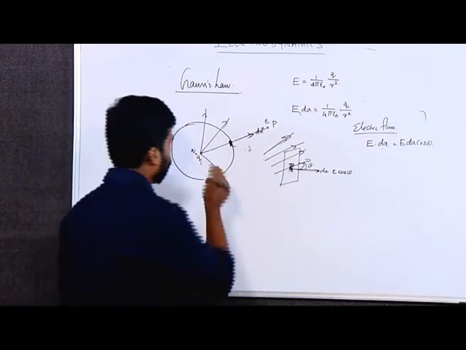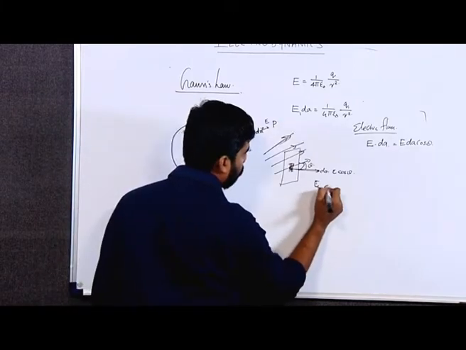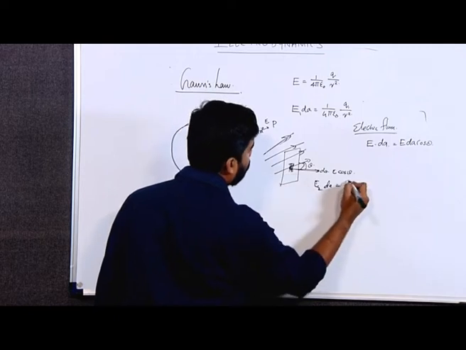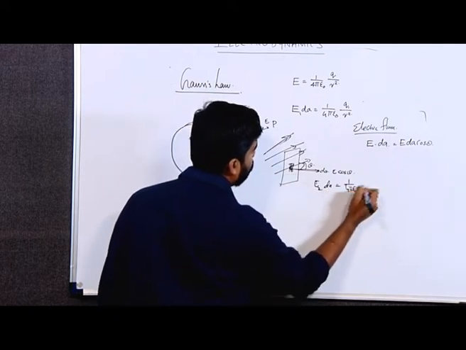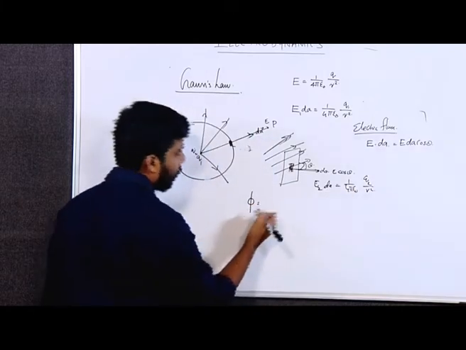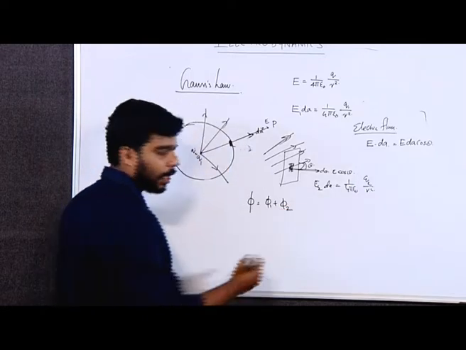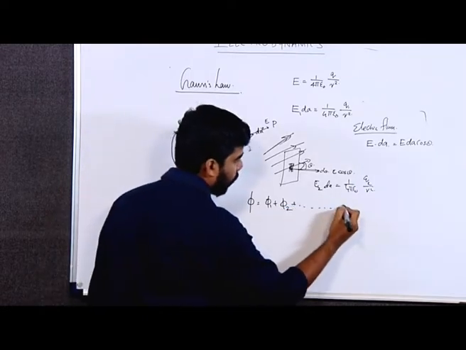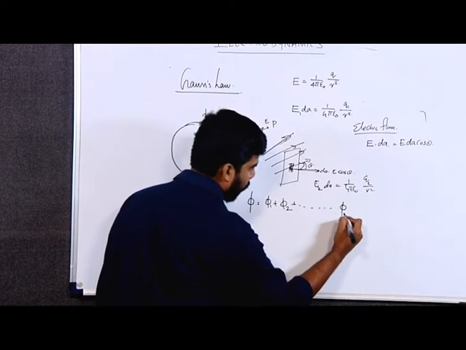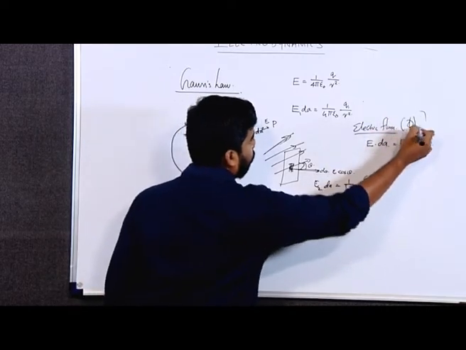Now what will happen if I am measuring the electric field due to the q2 charge? E2 through the same small area will be equal to 1 by 4 pi epsilon 0 q2 by r square. Similarly, the total flux will be phi1 plus phi2. If there are n number of charges, the total flux will be the sum of phi n. I am giving the letter phi for the electric flux.